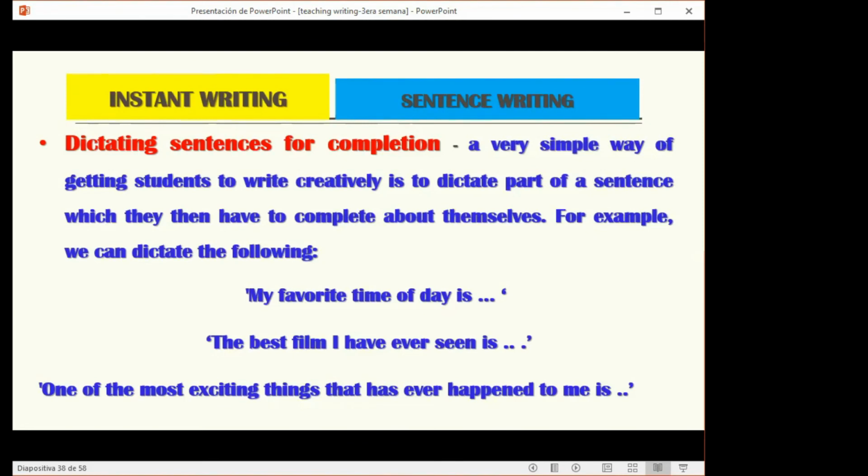And obviously they are going to write with more complex structures too, all right? Notice this is very important, to make it personal, to write about themselves, all right? So this is one of the activities to promote instant writing.